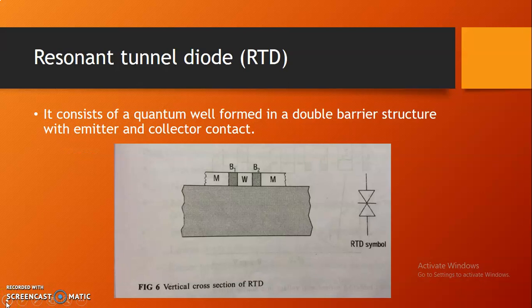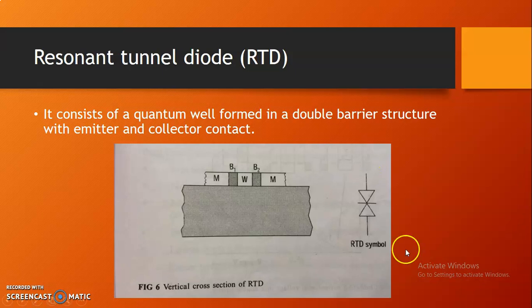Resonant tunnel diode. What do you mean by a resonant tunnel diode? It consists of a quantum well formed in a double barrier structure with emitter and collector contacts. This is the symbol of an RTD. An RTD is a diode with a resonant tunneling structure in which electrons can tunnel through some of the resonant states at certain energy levels.